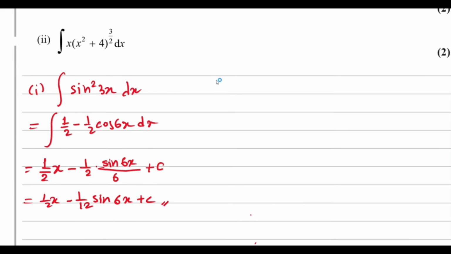Now for part 2, we have to integrate x into (x squared plus 4) to the power of 3 by 2 dx.